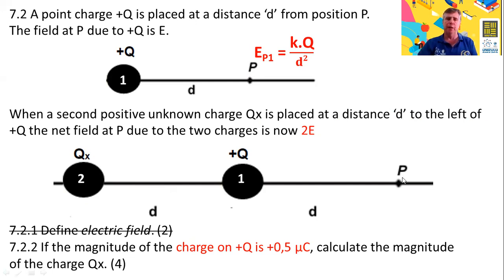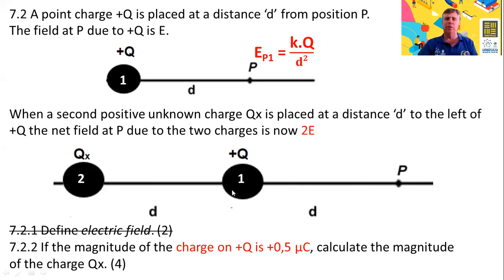The net field at P, due to the two charges, is now 2E. They're taking a long way to say that the electric field strength doubles at P when you add the second charge. They're telling you if the magnitude of the charge on plus Q is 0.5 microcoulombs, calculate the magnitude of the charge Qx.